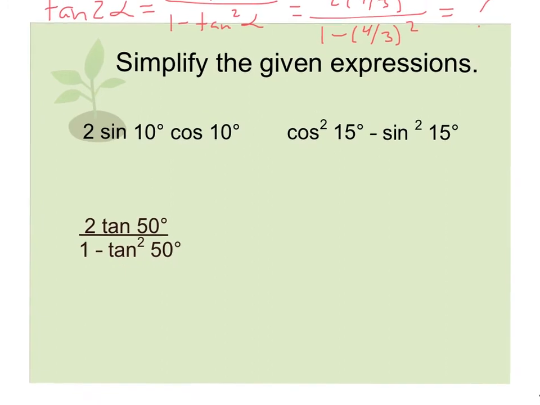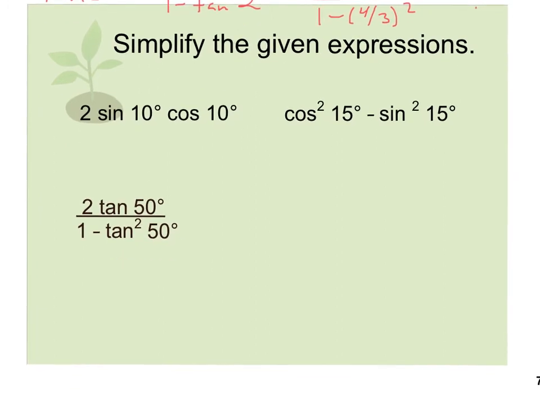We can simplify some expressions if we can identify the correct formula that's being used. The best thing to do is just fill in a variable and see what it gets you. Let's say 10 degrees is alpha. Do we have anything on our sheet that looks like 2 sine alpha times cosine alpha? We certainly do.